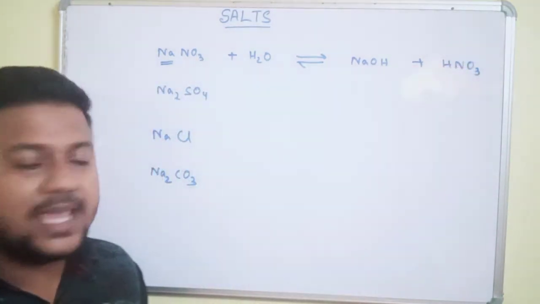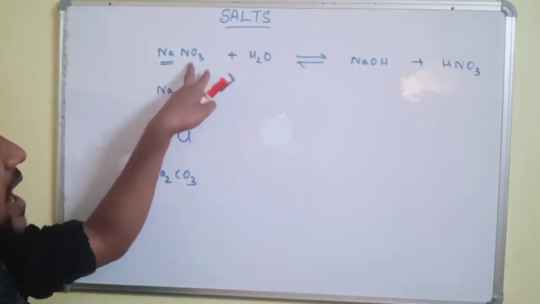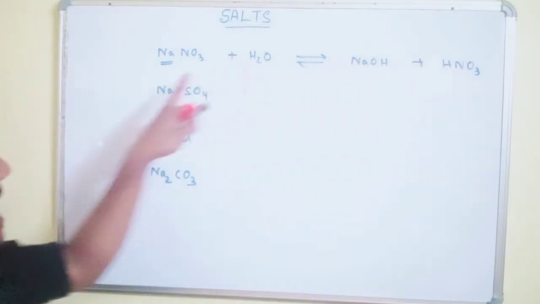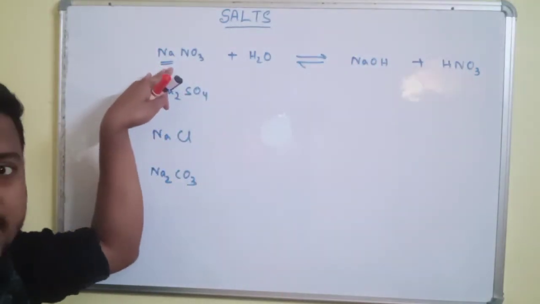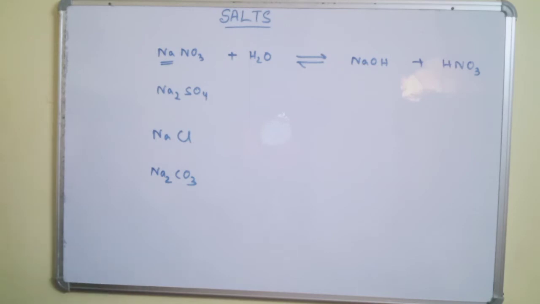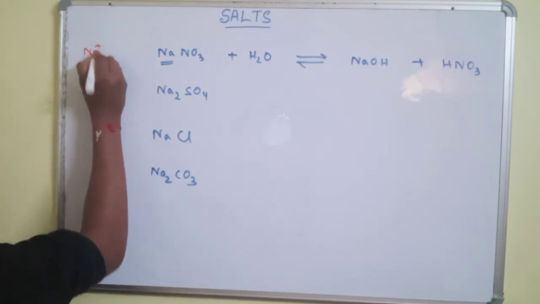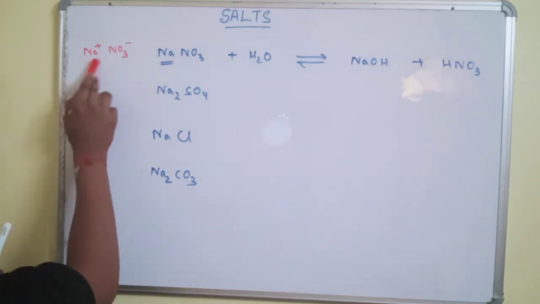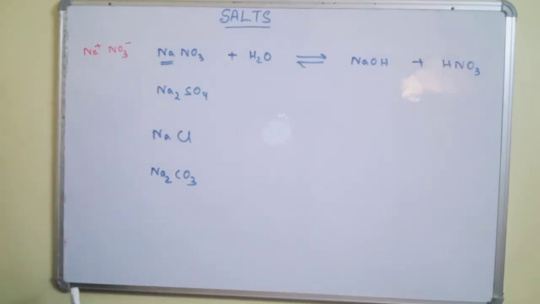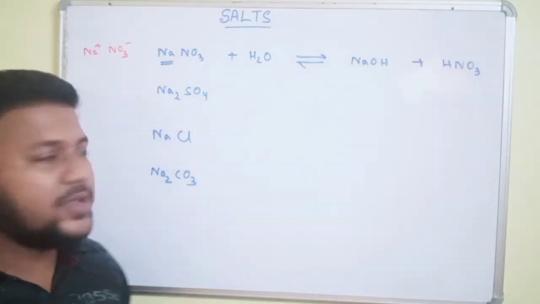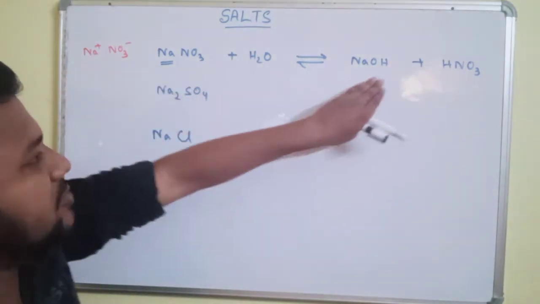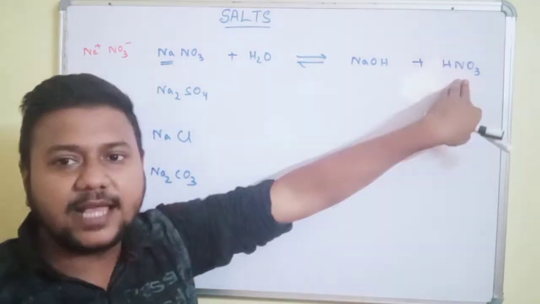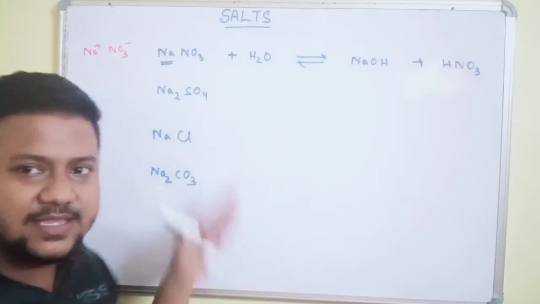We mean to say that the electronegative part of this salt comes from the acid, whereas the electropositive part, the Na+, comes from the base. We can write this as Na+ NO3-. So this is the electropositive part and this is the electronegative part. We are going to see similarly in these reactions.